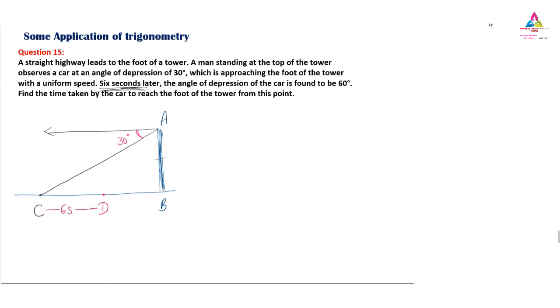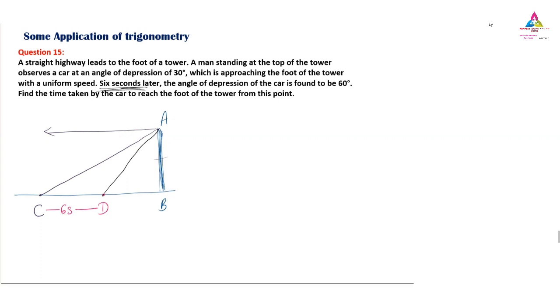D is the position where the car is after 6 seconds from C, and the angle of depression now is 60 degrees, the whole angle at A.